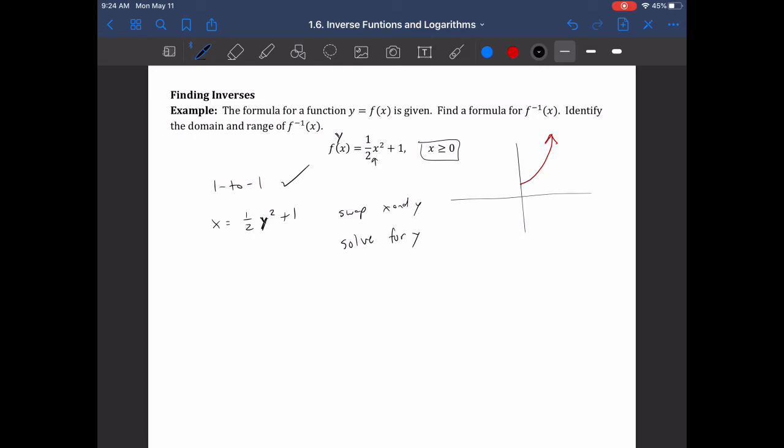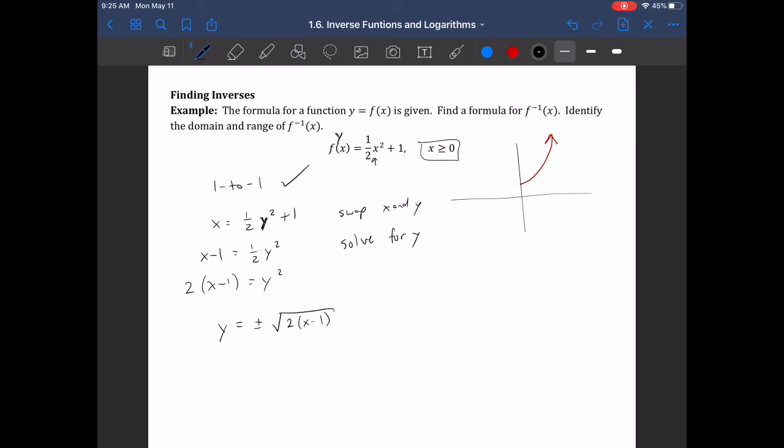And so x minus 1 equals 1/2 y squared, multiplied by 2. 2 times x minus 1 equals y squared, and then take the square root of both sides. So we have y equals plus or minus the square root of 2 times x minus 1. Okay? But notice we have a plus or minus there.